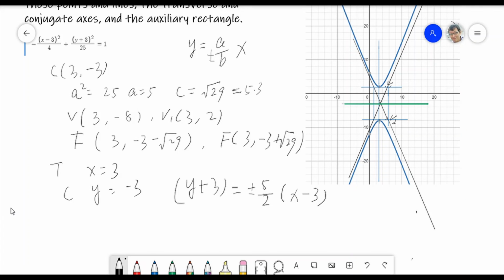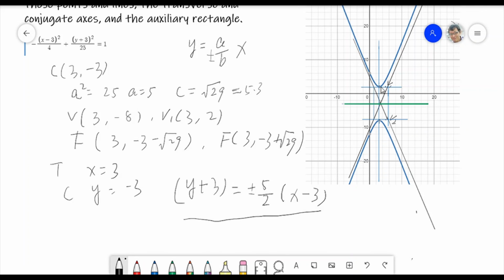Since we already get the two asymptotes, we can draw these two lines. Since we already have these lines, that's what I told you.